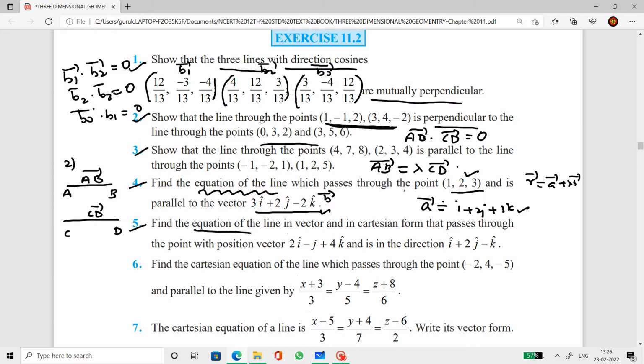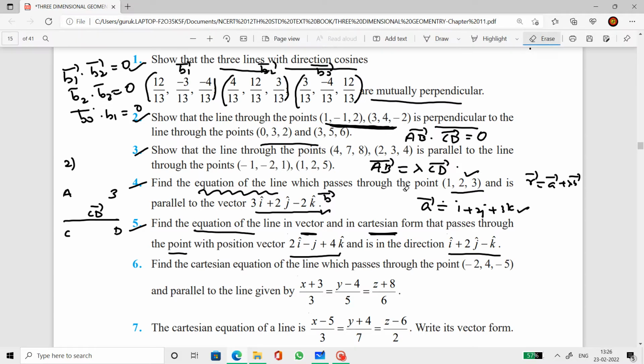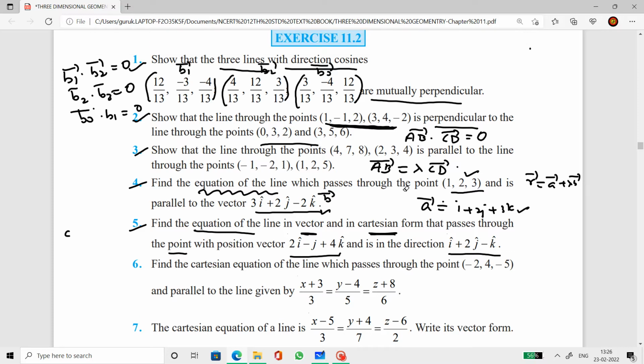Find the equation of a line both in vector and Cartesian form which passes through a point whose position vector is given to us. So in the previous one, the point is given; here the position vector of the point is given, and the direction vector is also given, right? So let's see whether I have space to do that sum here.